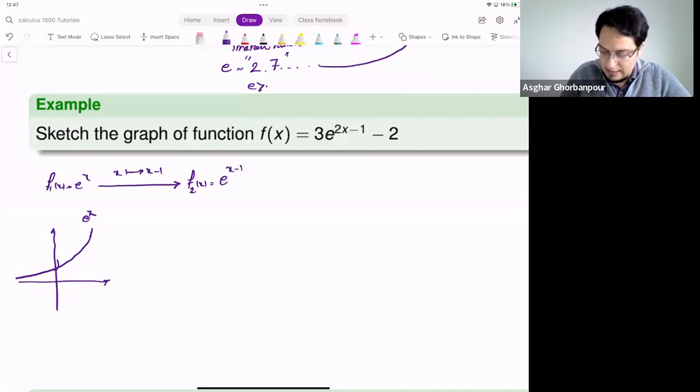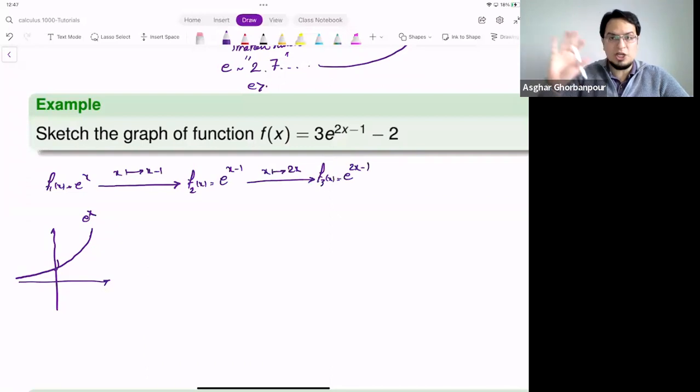And then the next operation, I turn x to 2x. And that will give me the third function, which is e to the power 2x minus 1. I'm just changing x, yes? Here there's only one x, I change it to 2x. And then there is a next transformation, which sends the function to 3 times that function.